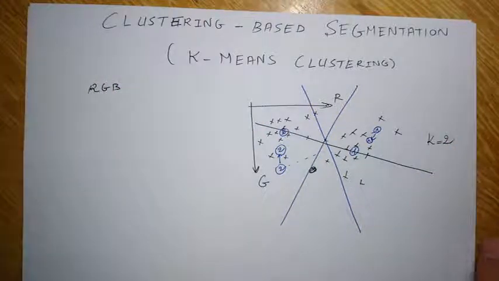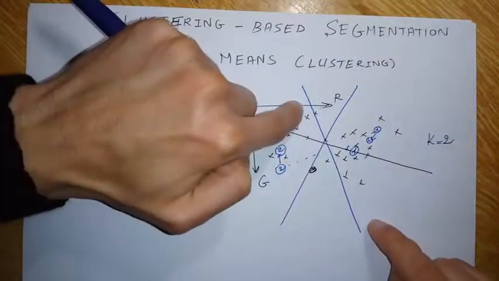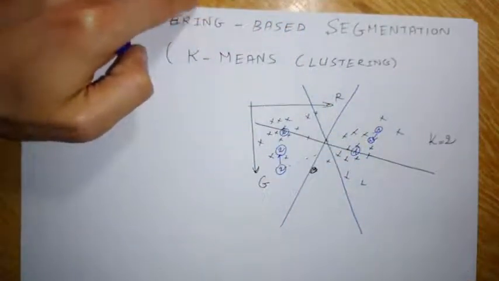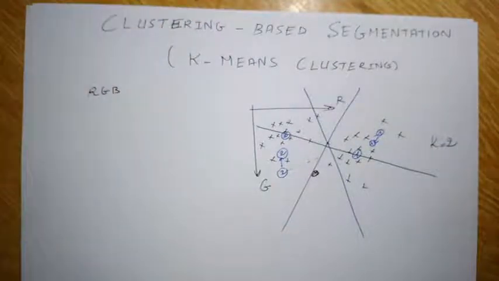One way around that is to do several initializations. I can, for example, take 2 points here, and then 2 points here, and then 2 points here, and do the same process, and then pick the best result.